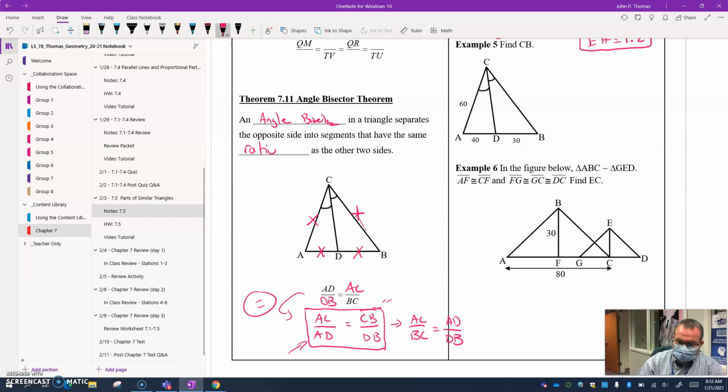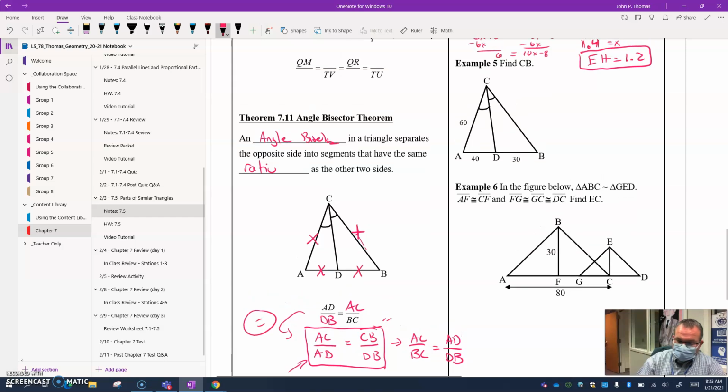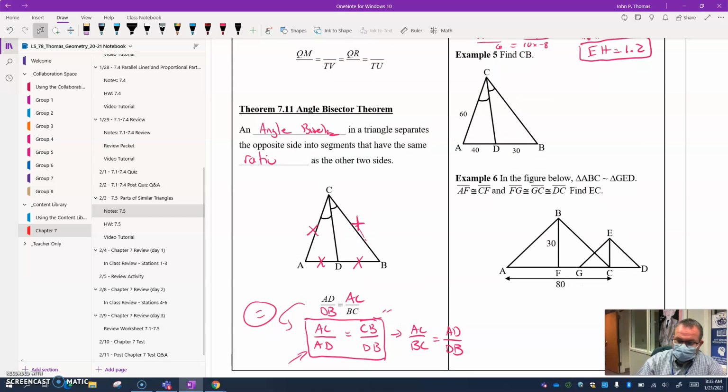Now, in practice, if we look at example 5, example 5 gives us a very quick setup for this. So if we go the direction I usually think of, I'll put an X here. So I'm going to do across the top, 60 equals X over, and then we have 40 and 30. All right, so if I cross multiply, I've got 60 times 30 equals 40 times X. Divide both sides by 40.